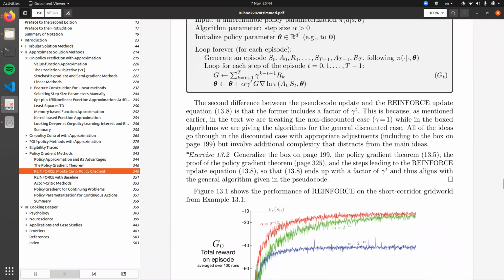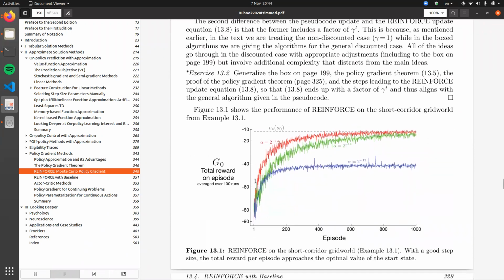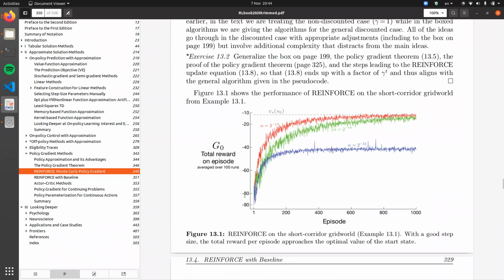Okay, and you can observe the results of applying this algorithm here to this short corridor grid world example. You can see that given enough experience and selecting a good learning rate, we can finally converge to something that is close to the optimal V star.